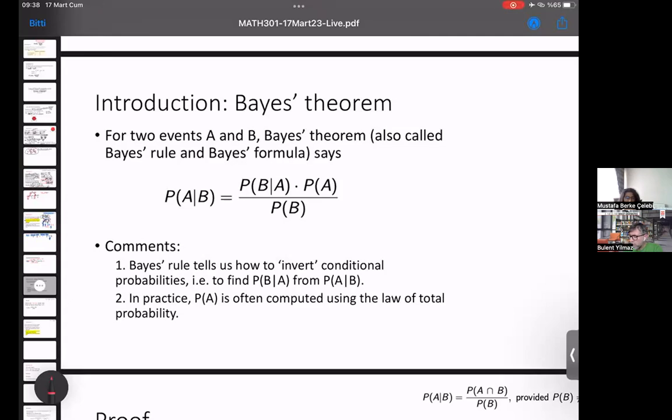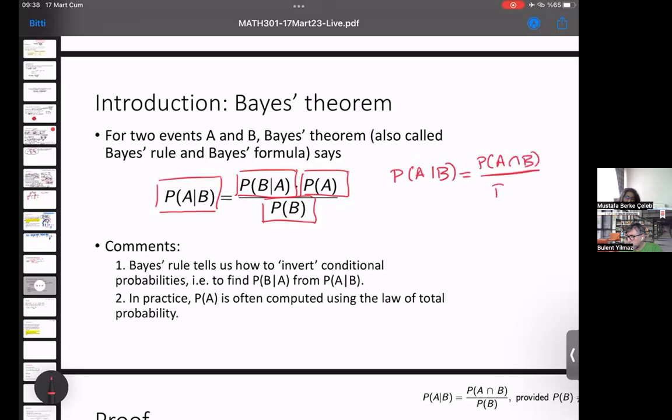Now I say probability of A given B is equal to probability of B given A times probability of A divided by probability of B. Probability of A given B is equal to probability of A and B divided by probability of B. Probability of B given A is equal to probability of A and B divided by probability of A. The given part will be the denominator.